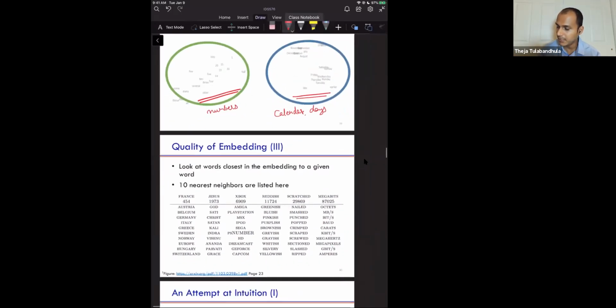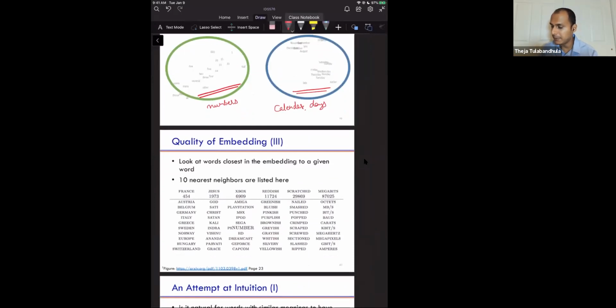There were also some experiments done for embeddings. I don't remember which embedding this is, but you can try. So this is how you would post hoc try to understand whether you got a good embedding, because the classification task itself is not relevant to us.